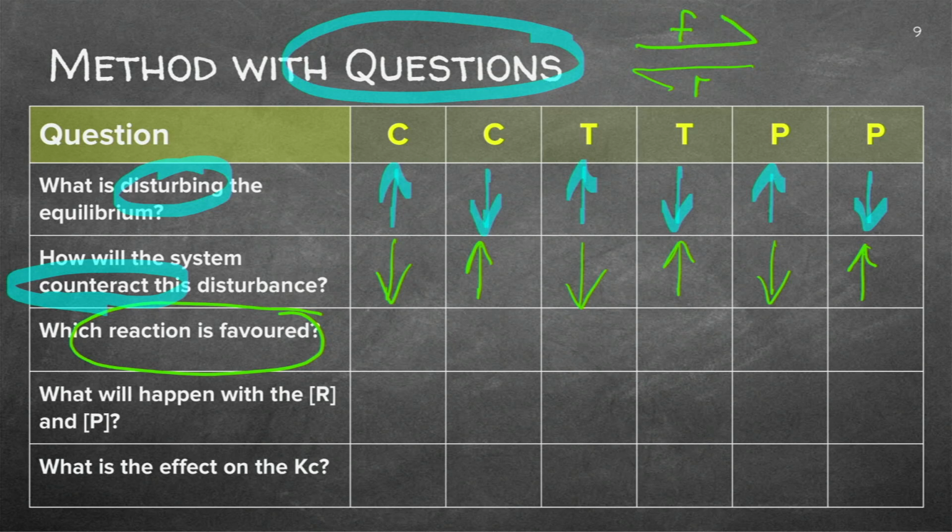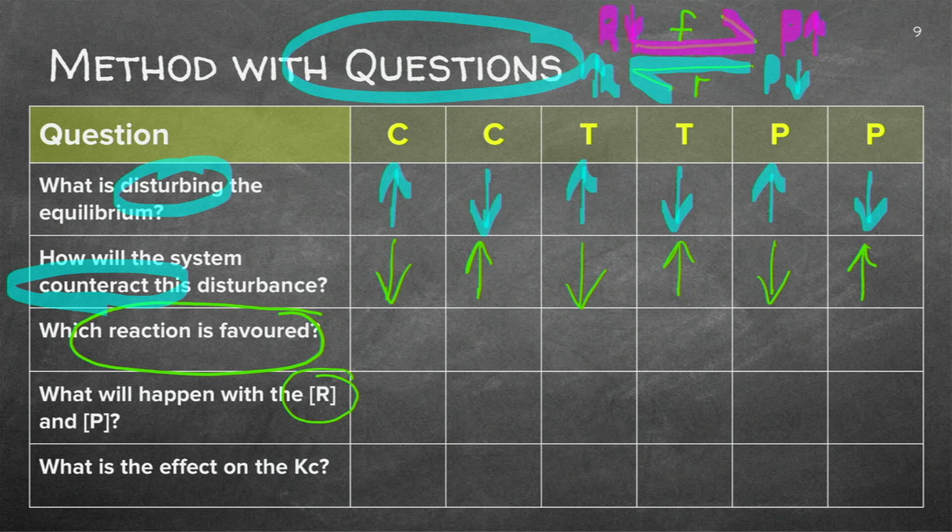And I'll show you now when we do a real reaction. What will happen with the reactants' concentration? Well, if the reverse is being favored, it will increase the reactants and obviously lower the products. If the forward is favored, it will decrease the reactants and increase the products.